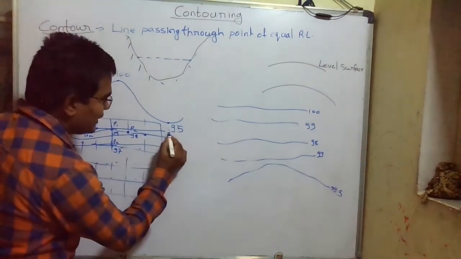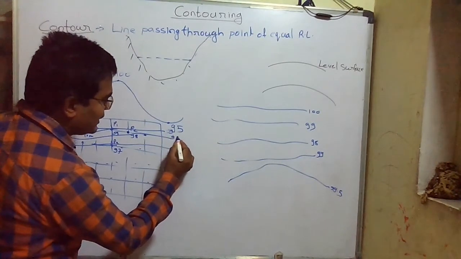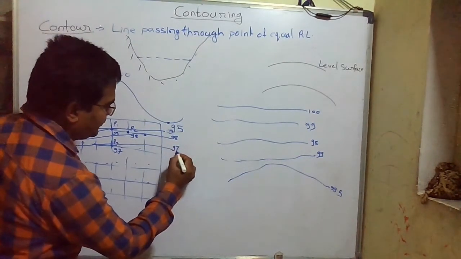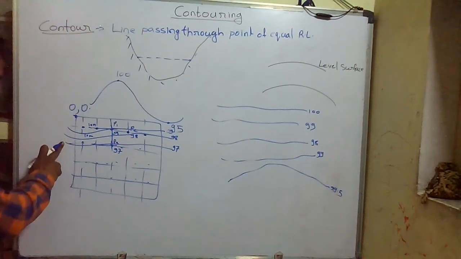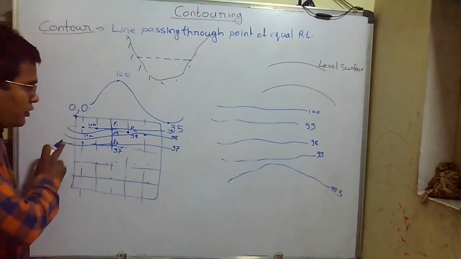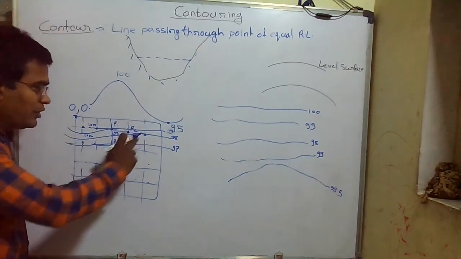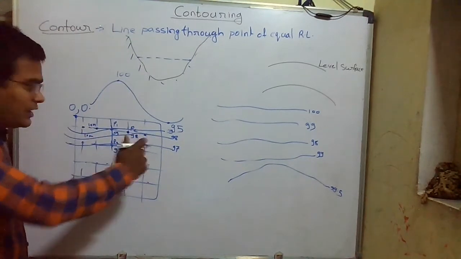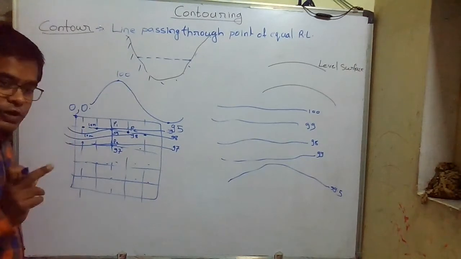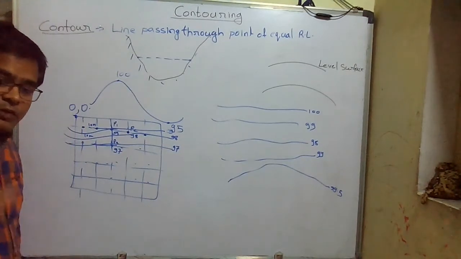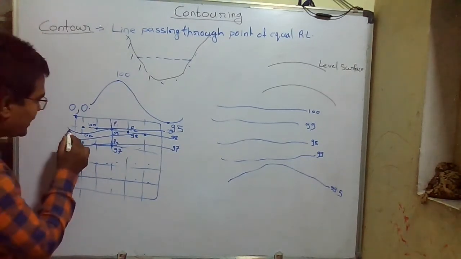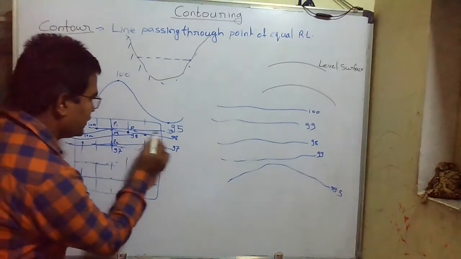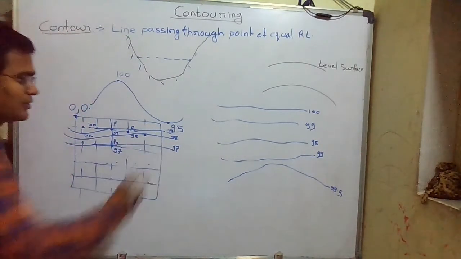Suppose these are the three lines I have drawn. First I find out the RL of various points and then I join the points of equal RL. So I am getting these lines: this is one line, this is the second line, this is the third line.